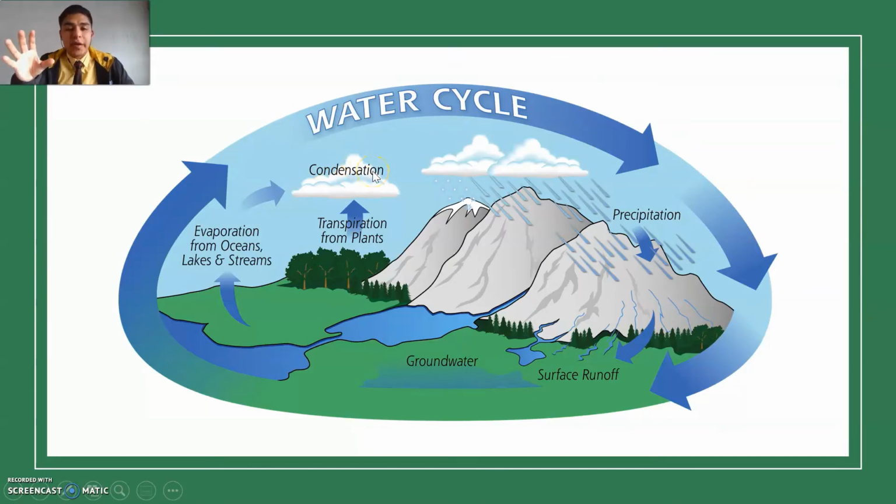And when it reaches the atmosphere, it is going to be interacting with some very cold temperatures. And since the gas starts dropping its temperature, it will go through a process that is called condensation, which means that clouds form in the sky. All right, so it will start getting colder and colder until, one more time, the water is going to change from a gas state to a liquid state, generating what we call precipitation.